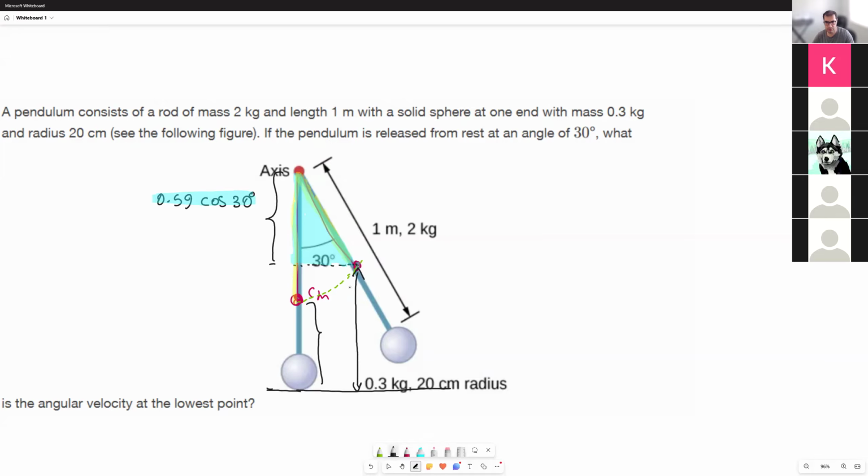Do you agree? This is the height of the center of mass. This is going to be y1, I'm going to call it y1. And this much is going to be y2. Do you agree? Yes, Professor.